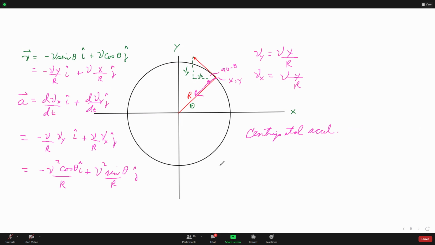And what is the magnitude of the acceleration? Well, that's easy.